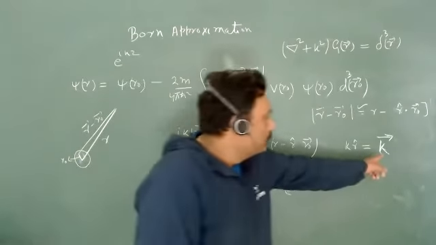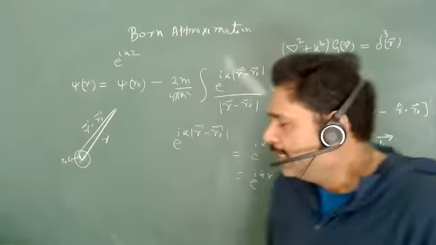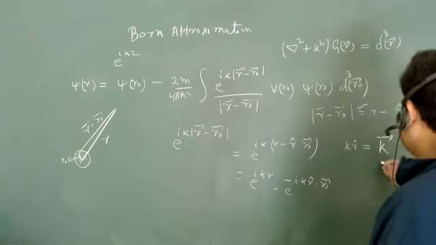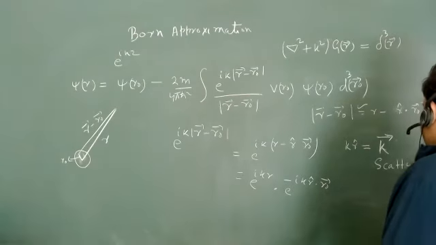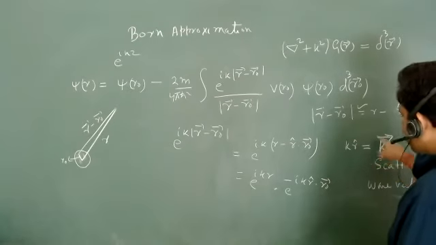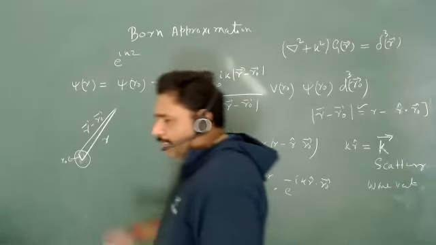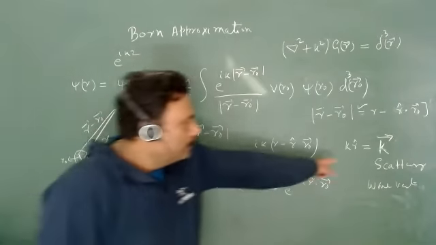But if I am talking about K in the r cap direction, this is K vector, identified as the scattering wave vector, because this is scattered in r cap. And the magnitude of this K is exactly the same as root under 2me upon h cut squared, isn't it?